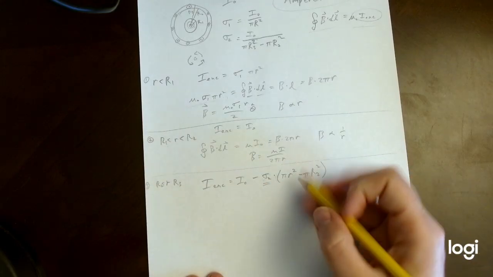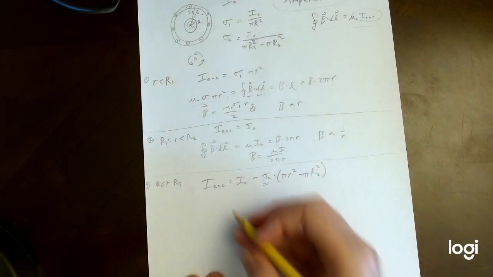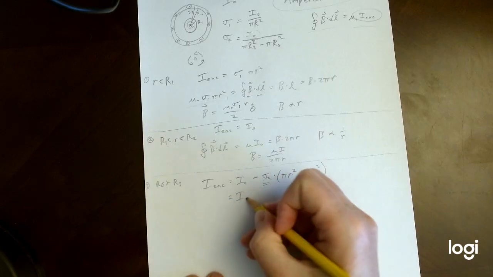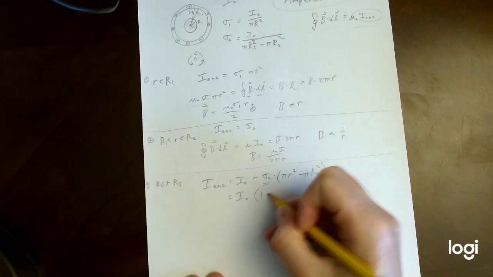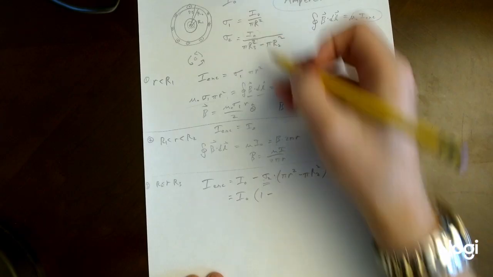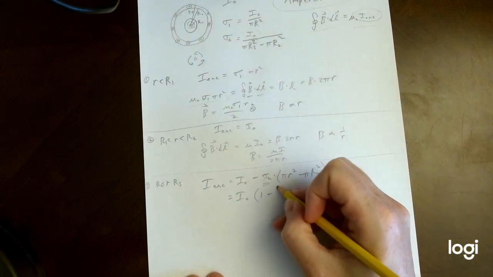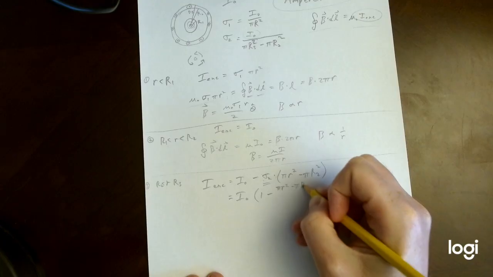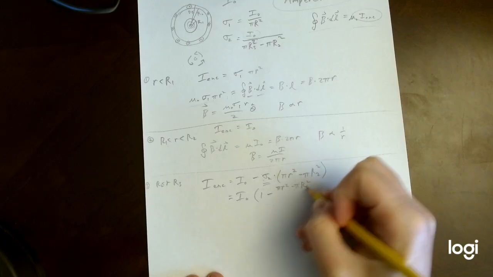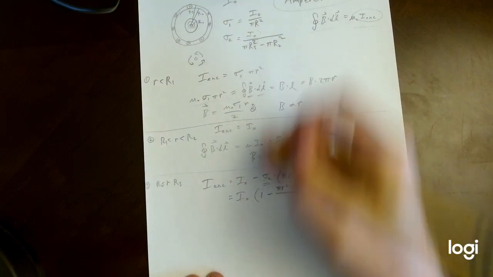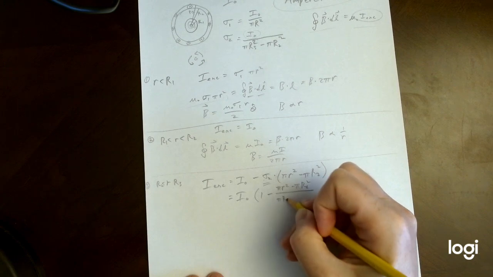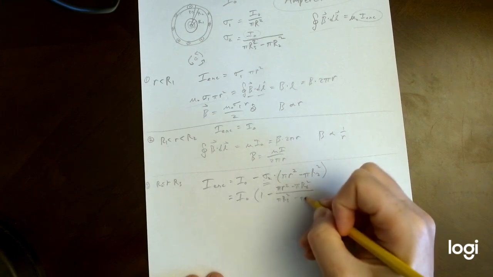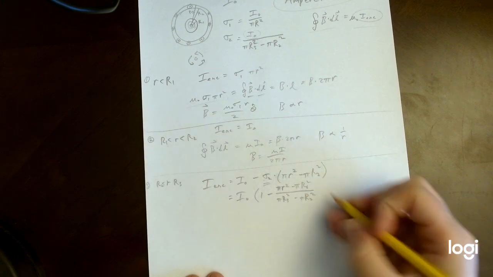And then this thing is the thing that has that I naught show up. So now we can say that this is I naught times 1 minus, and I'll plug in, this becomes pi little r squared minus pi capital R2 squared all over pi R3 squared minus pi R2 squared.